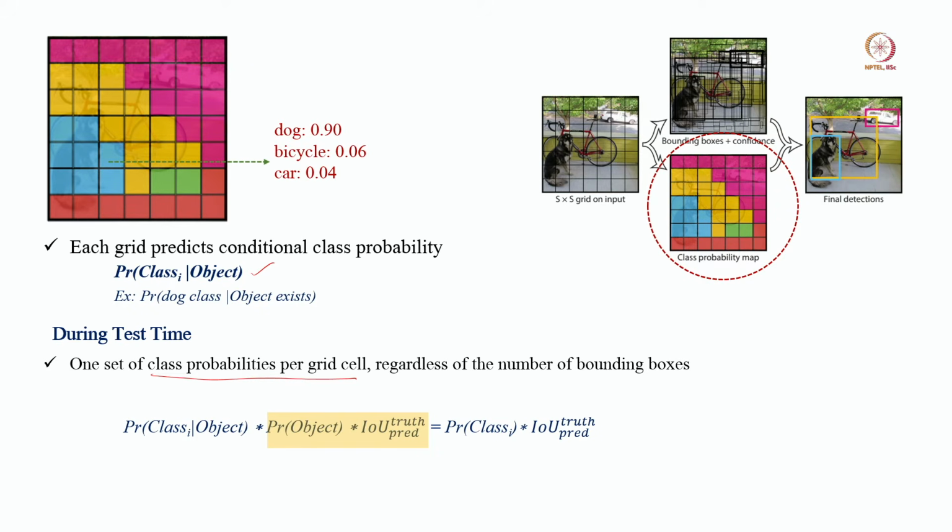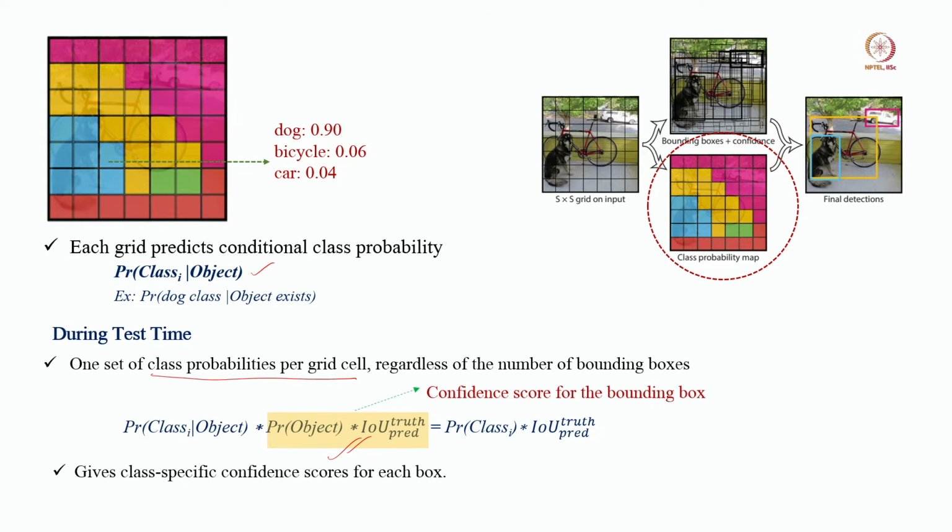Now, the highlighted part is your confidence score for the bounding box. This gives the confidence that there is an object present, and the remaining part tells, given there is an object present, what is the probability that it belongs to class I.